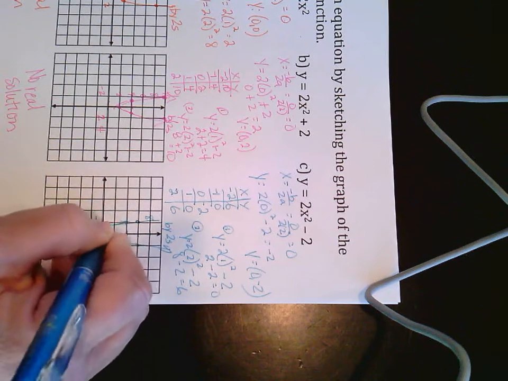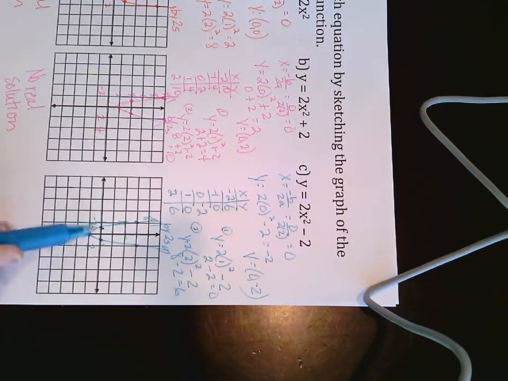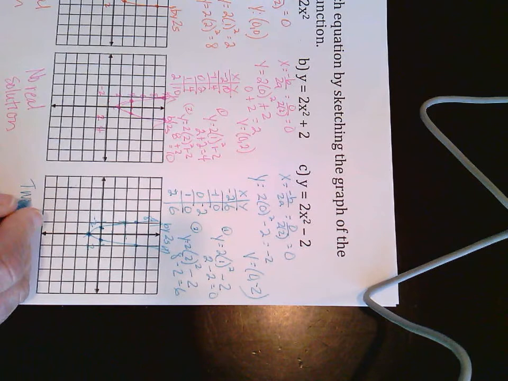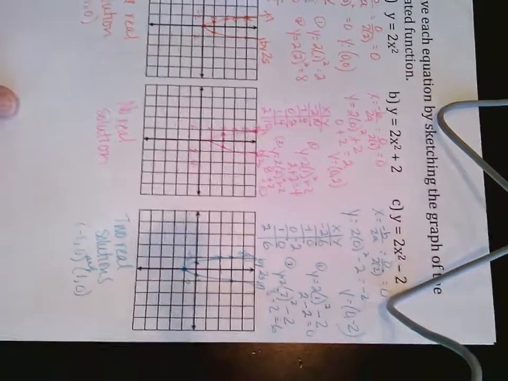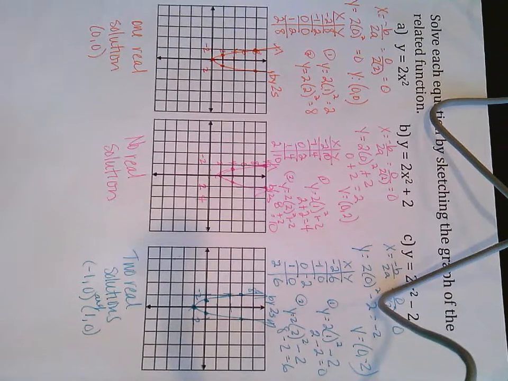And this one is crossing the x-axis in 2 places. So I have 2 real solutions. And those solutions are (-1, 0) and (1, 0). And, whoops, I should have scooted that up. See all that? All right. So anyway, that is finding your solutions by graphing.